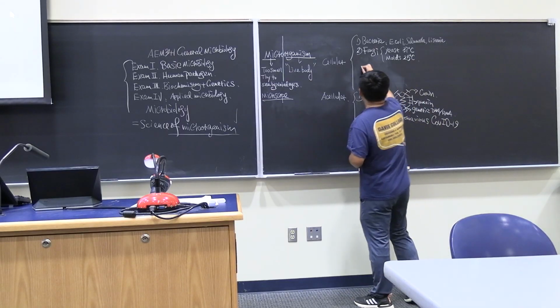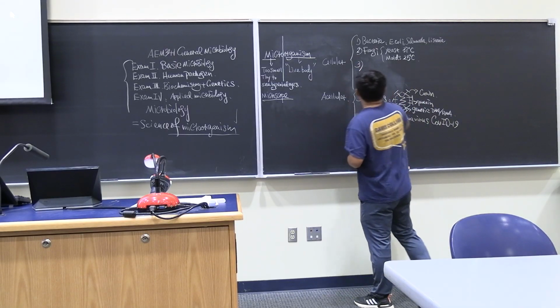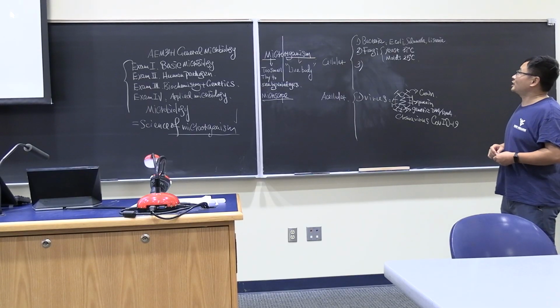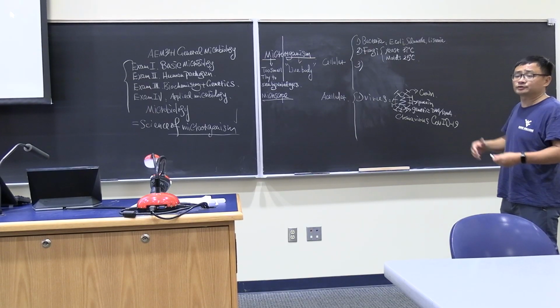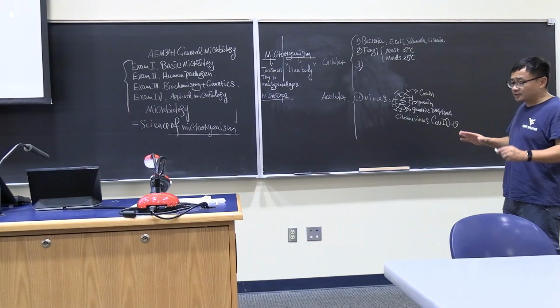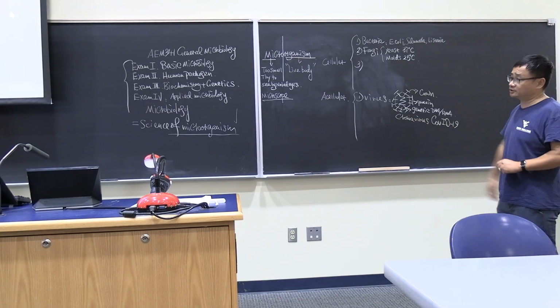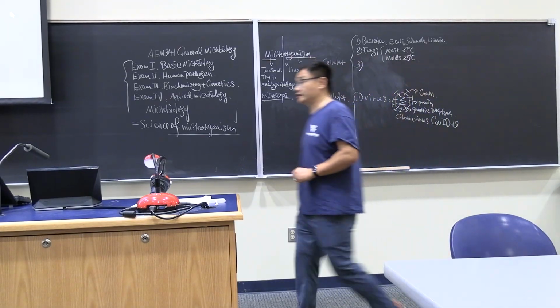Okay, what else do we have? We talk about the bacteria. We think bacteria is relatively well developed. There is some other type of bacteria that is not well developed, but it's still existing. We call it archaea.